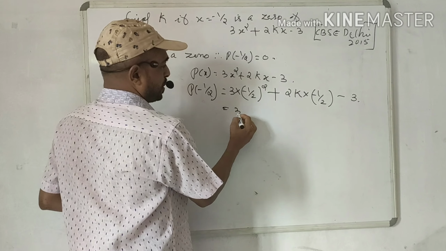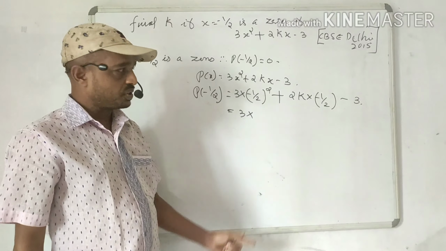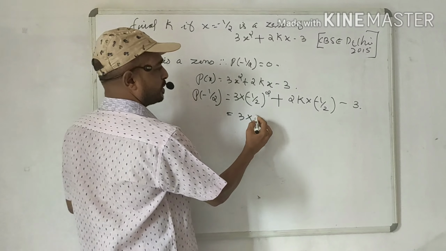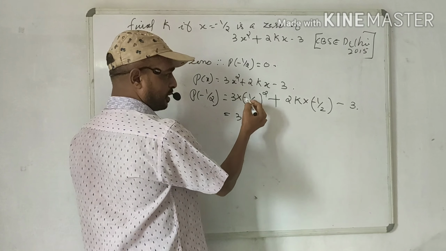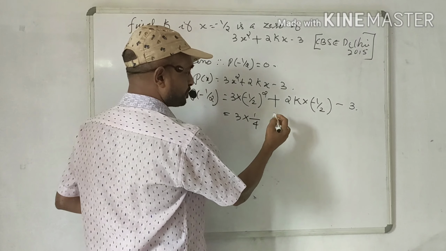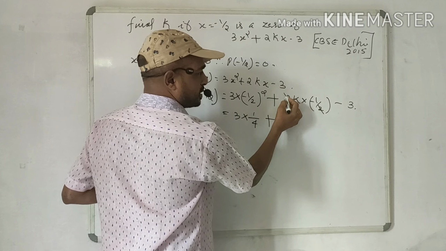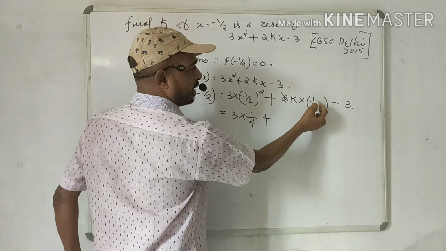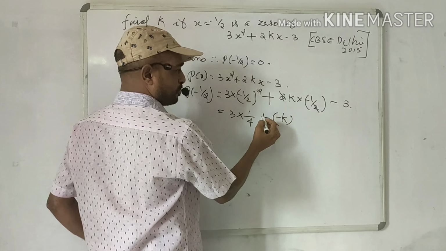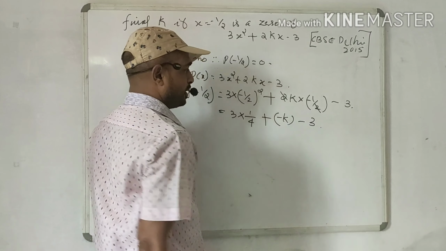When we take the square of a negative number, it becomes positive. 1 square is 1, 2 square is 4. Plus, this 2 and this 2 can be cancelled. K into minus 1 is minus k, minus 3.